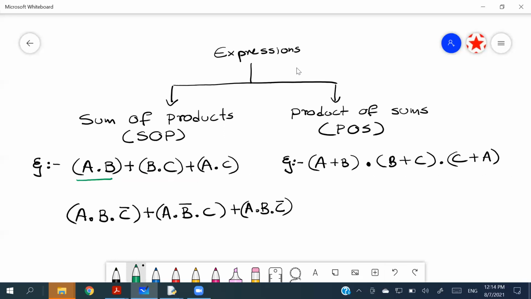And if you take one particular term, first term has A and B only, second term has B and C only, third term has A and C only. But if you look through the second expression, what's the difference? If you take the total expression, again, you can find only three different variables, which is A, B, and C, right?